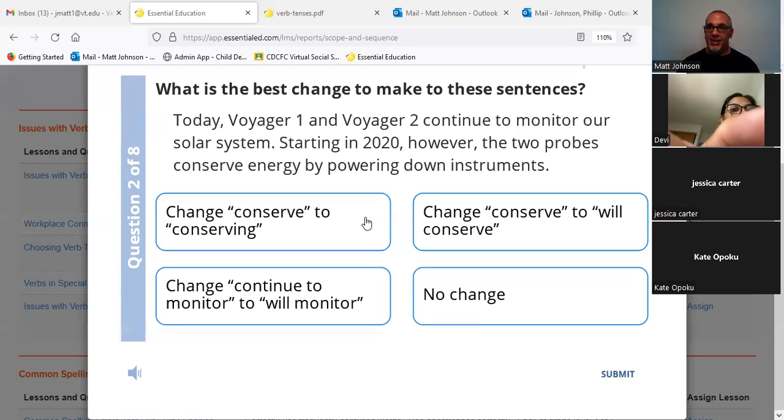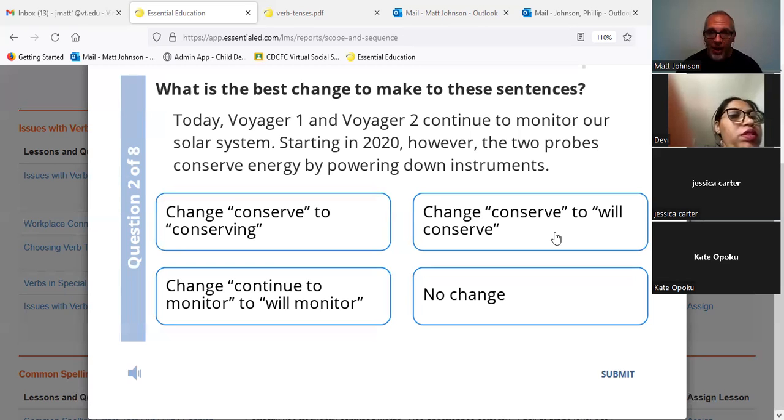So an action that has not taken place yet, right? Future tense. So we use will to describe that it's going to happen later down the road. It hasn't started yet. It's not continuing. Simple future tense. So we change conserve to will conserve.